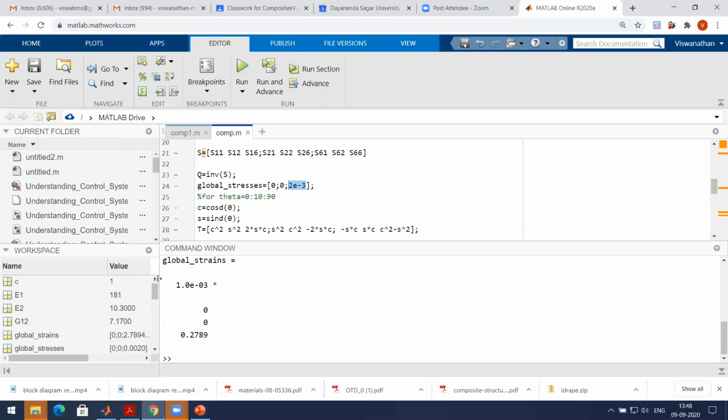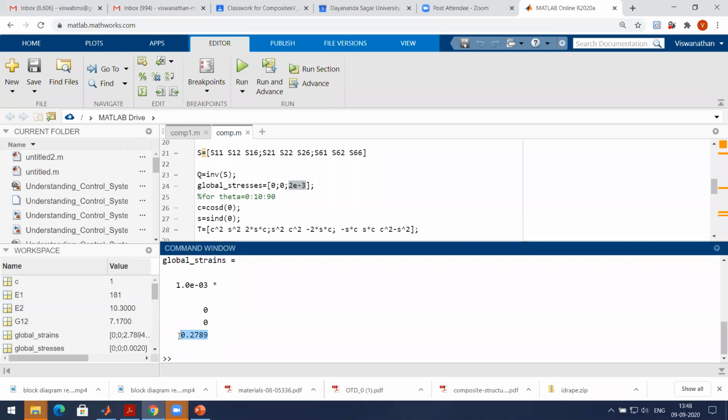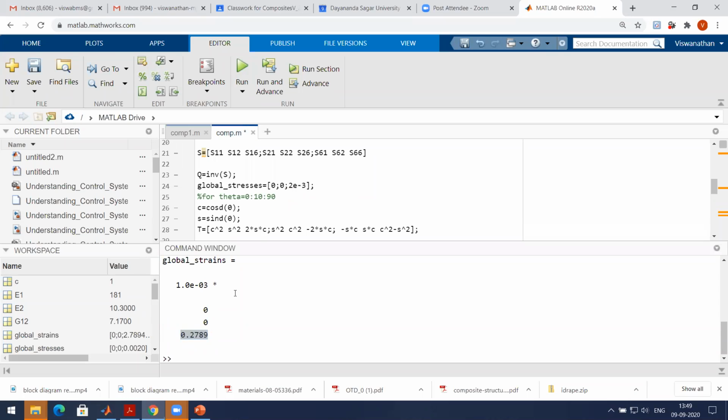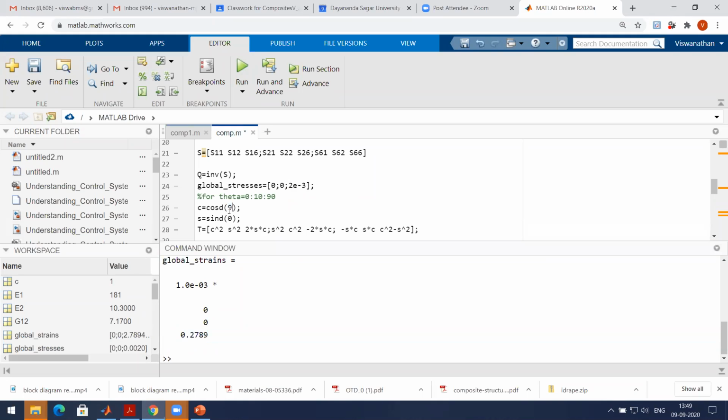So you see here, you get only shear strain. For applying a shear stress, you're getting shear strain. Suppose instead of 0, I put 90. What do I get? You get shear strain.